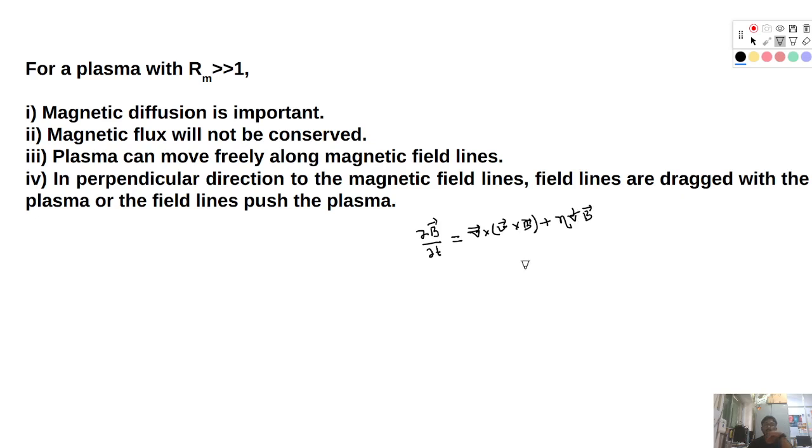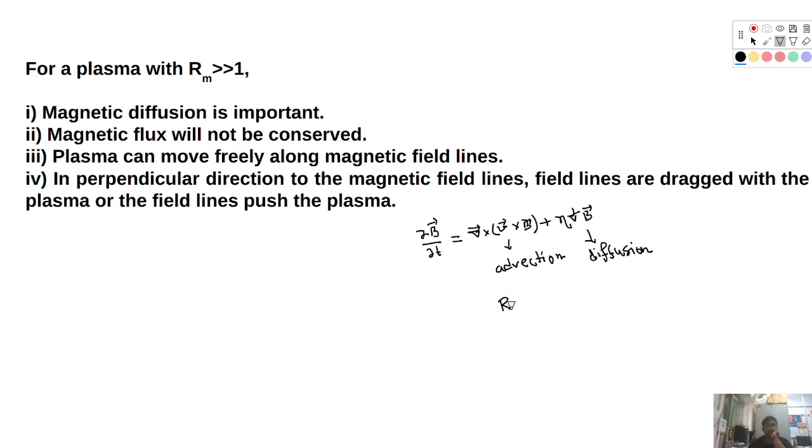Now what is Rm? Rm is basically the ratio between your magnetic advection term and the magnetic diffusion term. This first one is your advection term, and this one is your diffusion term.